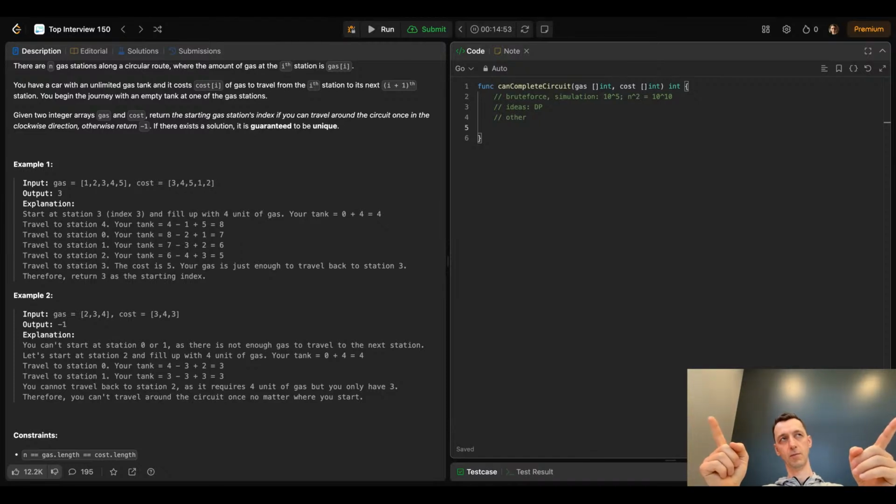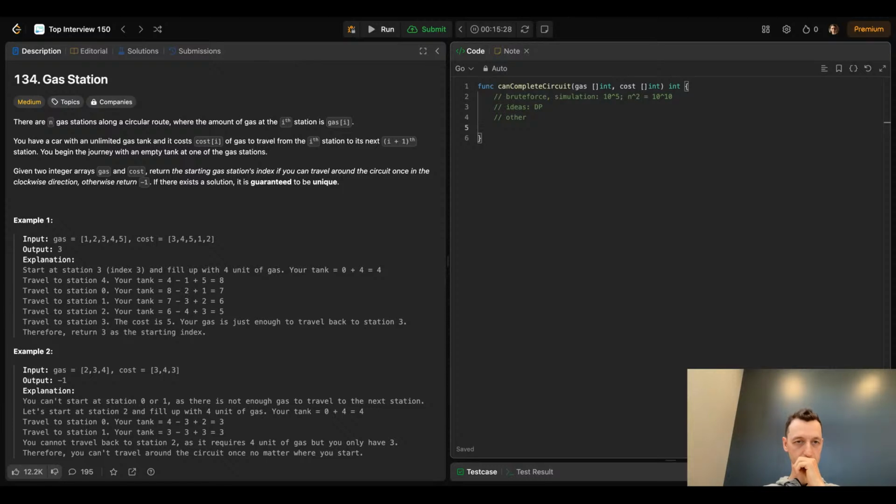The question is, are they net positive? If overall they are net positive, then you can make the circle as long as you start from the positive segment.